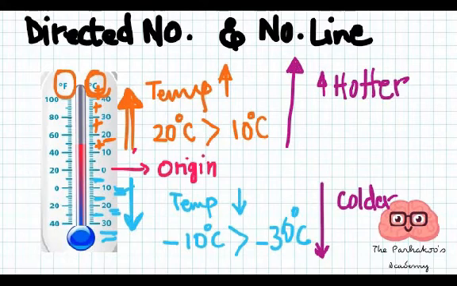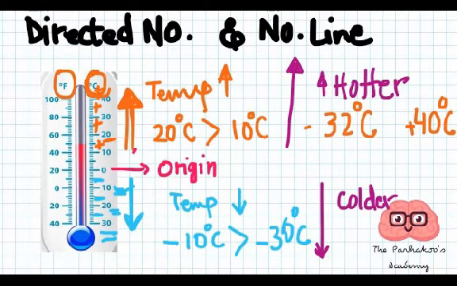So temperature can be of anything, like a room or a human body, right? So if, for example, this is the thermometer for measuring the temperature of the atmosphere, and the temperature is, let's suppose, 32 degrees Celsius, and the temperature on another day is 40 degrees Celsius, positive, positive, right?